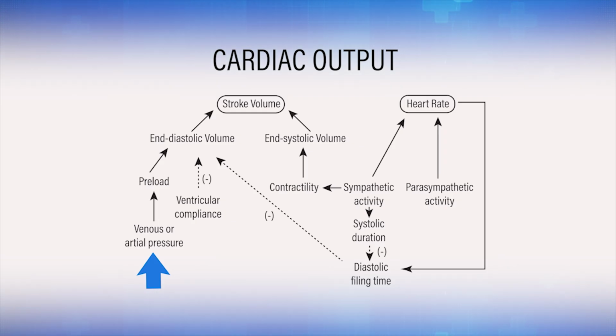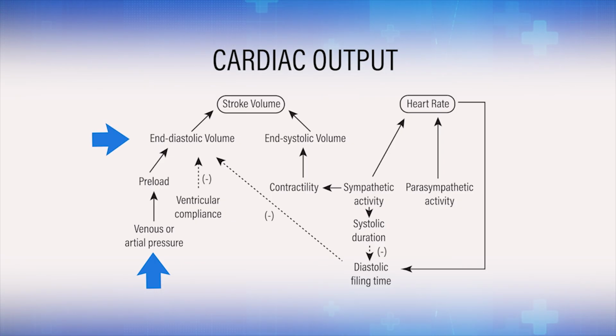So if we increase the venous return coming back to the heart, we create what we call a preload. An increase in preload is the increase in volume of blood coming back to the heart. So what does that do? If I increase the volume of blood coming back to the heart, I increase what I call the end diastolic volume in the heart.